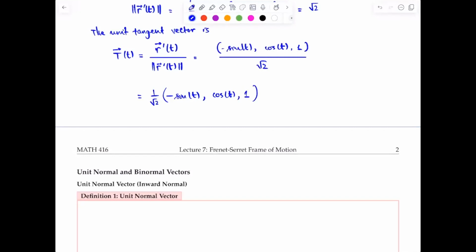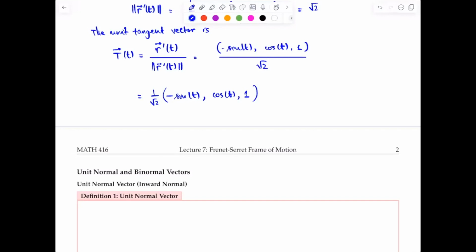So this says that you have the tangent vector and it's scaled by 1 over square root of 2. Therefore, you obtain the unit tangent vector. Any questions on this calculation? We good? Right, straightforward calculation, I hope.